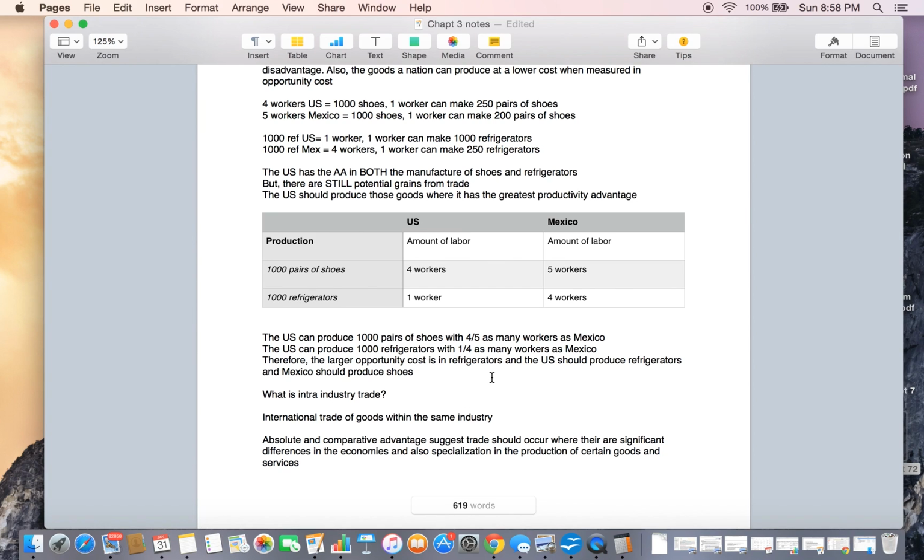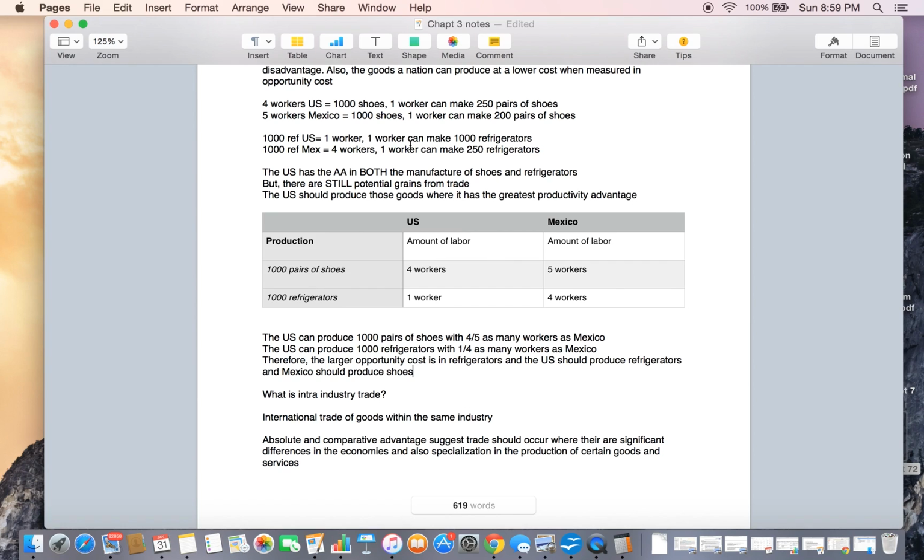The US should just specialize in the production of refrigerators because this is where they have their largest opportunity cost. If US industry decides to give up the production of refrigerators, that one worker is not going to be making 1,000 refrigerators, and they're going to instead be making shoes. But that one worker is only going to make an additional 250 pairs of shoes.